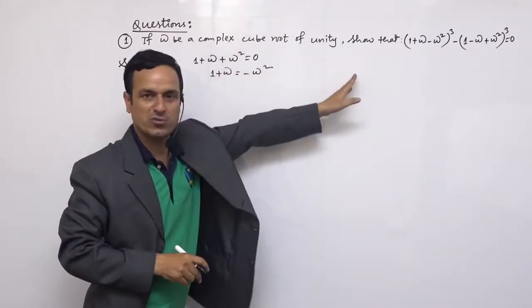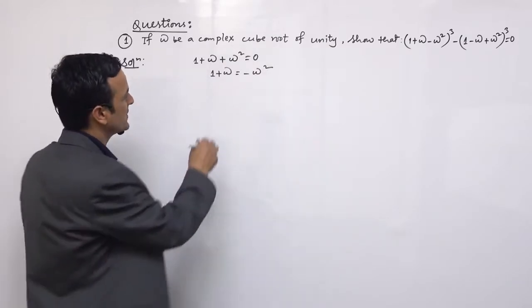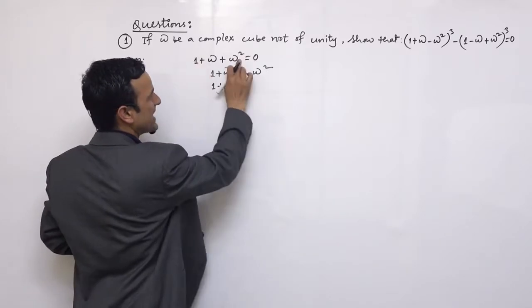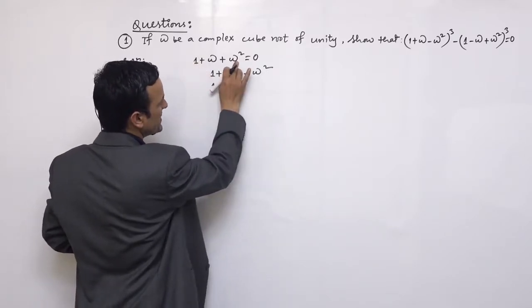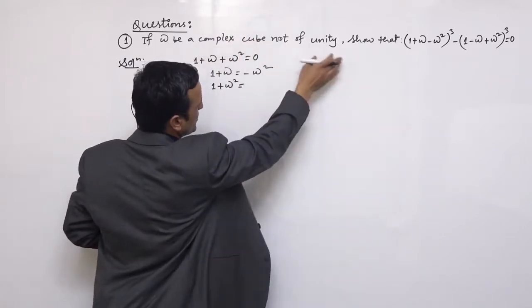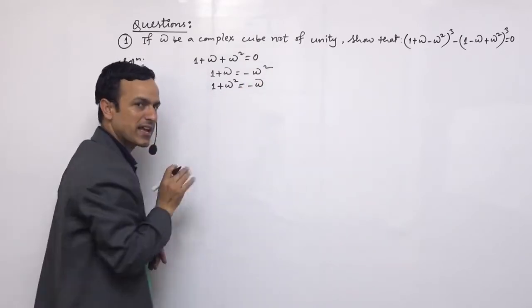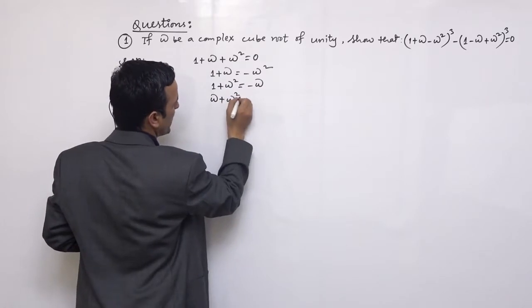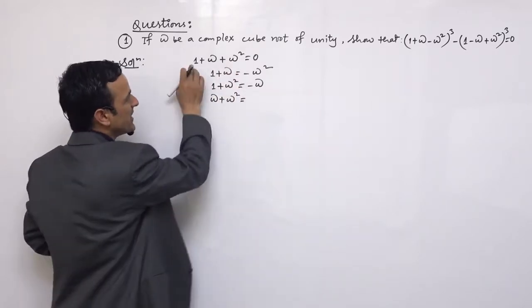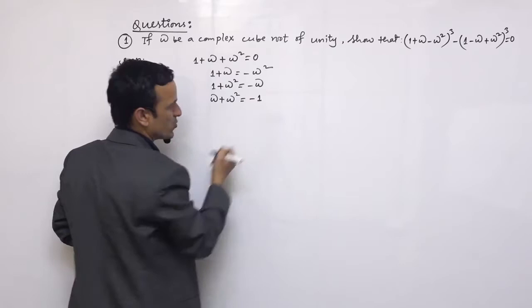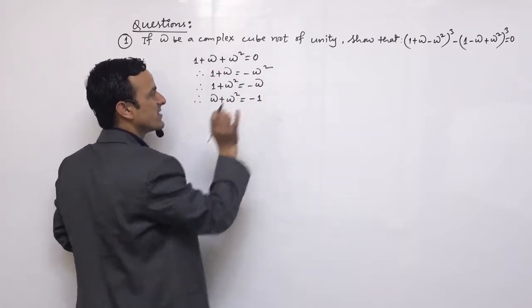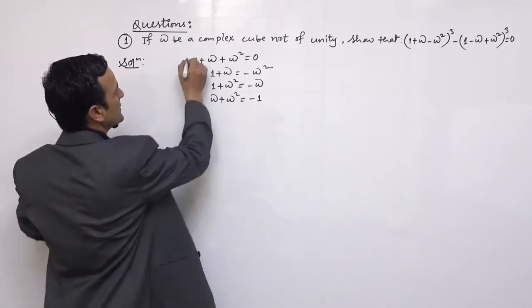When we transpose to another side, then it will be this one. Similarly, 1 plus omega square means what? The sum of this and this will be minus omega. And if we write down omega plus omega square on one side, then this will be minus 1. So in this way, we can deduce the different results from only one formula.